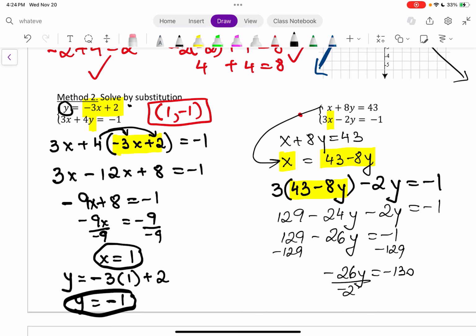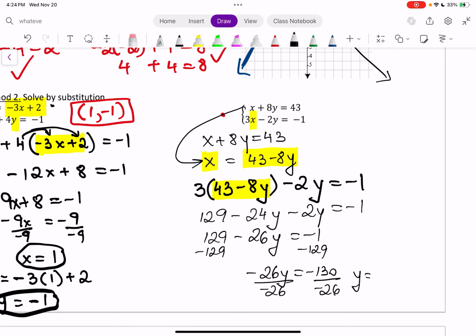And now when I divide by -26, I believe that y is going to get me 5, but I will double check. Yeah, it's definitely a 5, I know it. 100 and then 30. Okay.